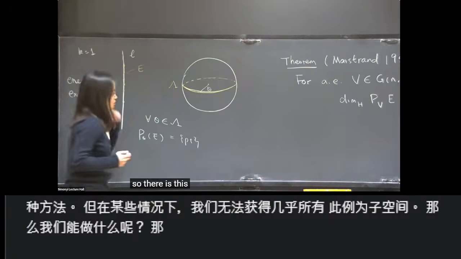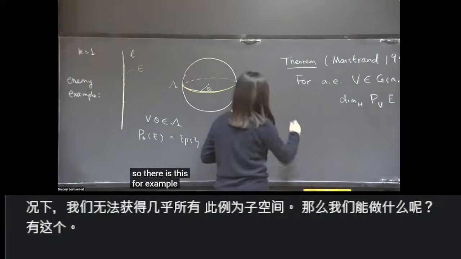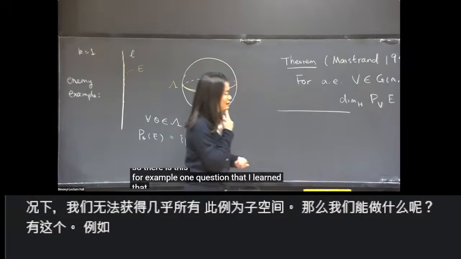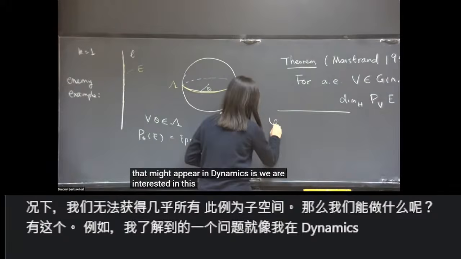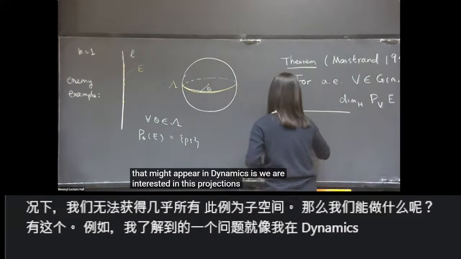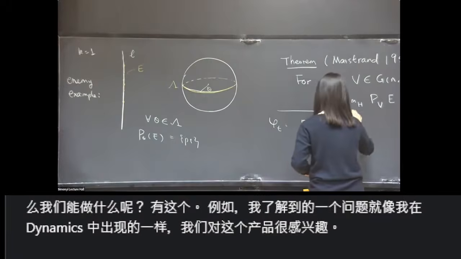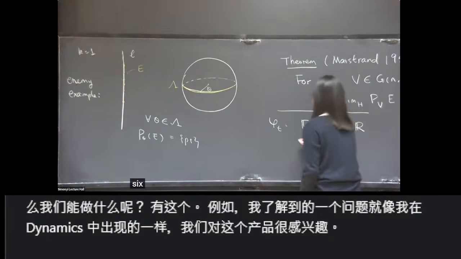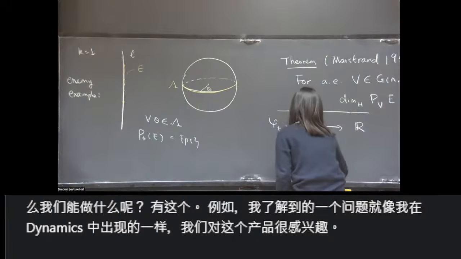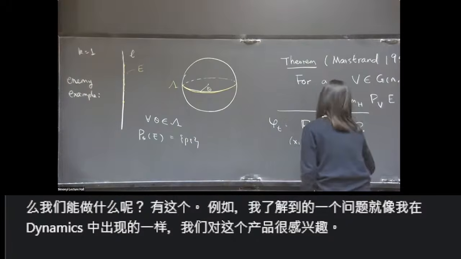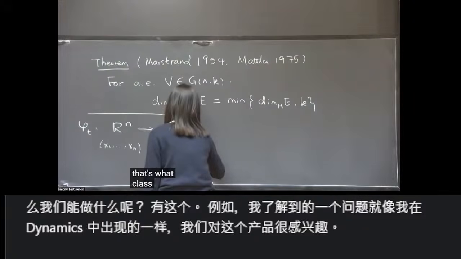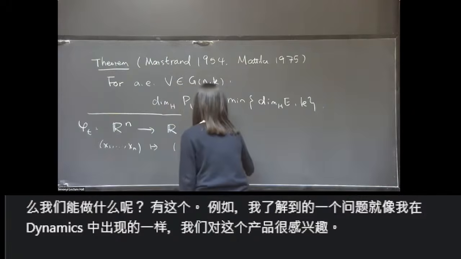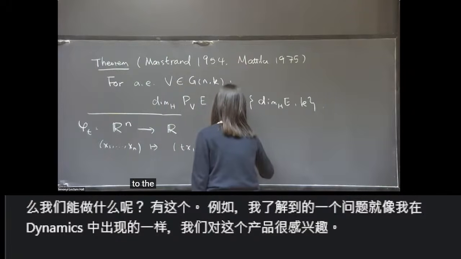One question that I learned that might appear in dynamics is we are interested in this kind of projections: x1 plus t x2 plus t squared x3, and so on, up to t to the n minus 1 times xn.